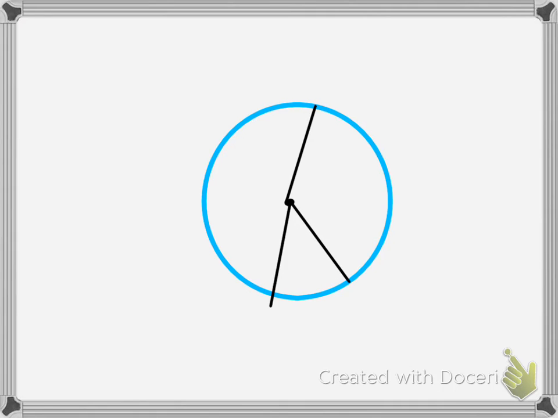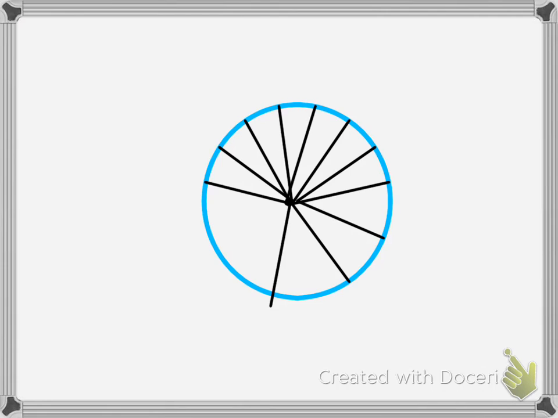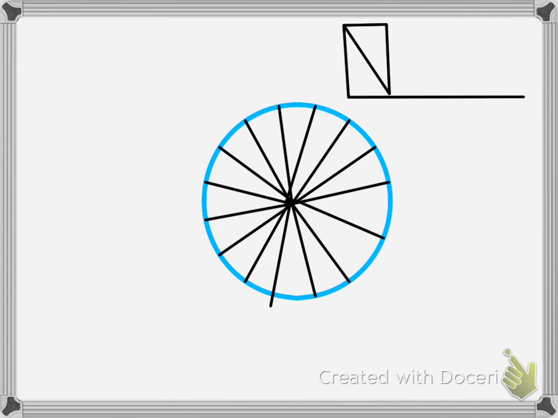If you were to cut your circle into a bunch of little wedges, like I'm doing, if you cut equal size wedges, you could take those wedges and eventually make a rectangle out of them.